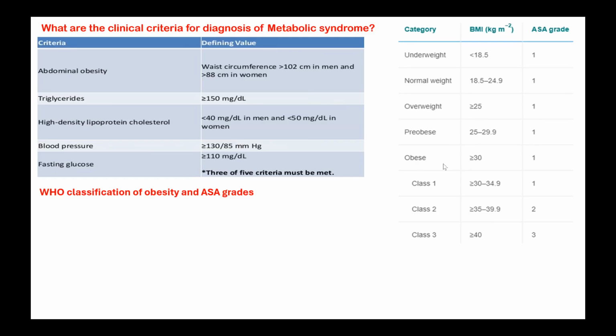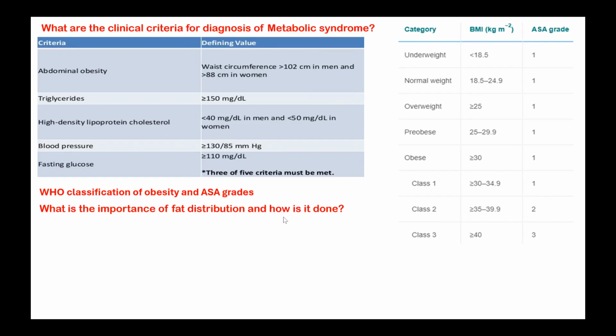When they cross 30, they become obese, but still they are ASA grade 1. Class 1 is 30 to 35, and still they belong to ASA grade 1. But when they come to class 2, which is BMI of 35 to less than 40, they belong to grade 2. And class 3 obesity, where BMI crosses 40, they automatically go to ASA grade 3. So this is the classification by WHO.